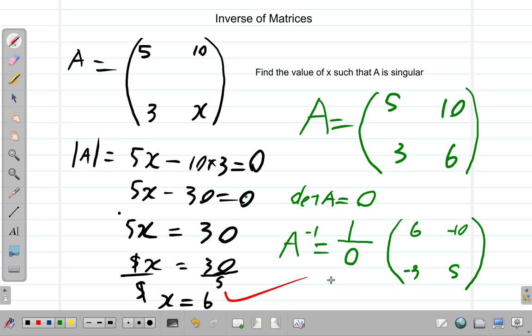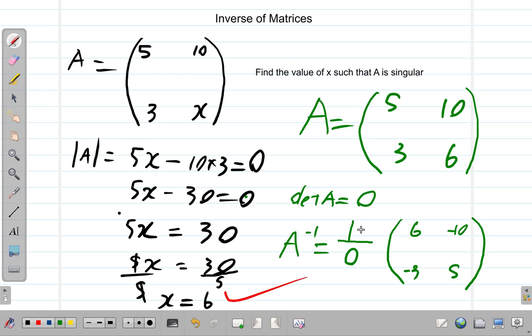That's where the problem lies. That's why you cannot find the inverse of a singular matrix. What is 1 divided by 0? You cannot determine that. All right?